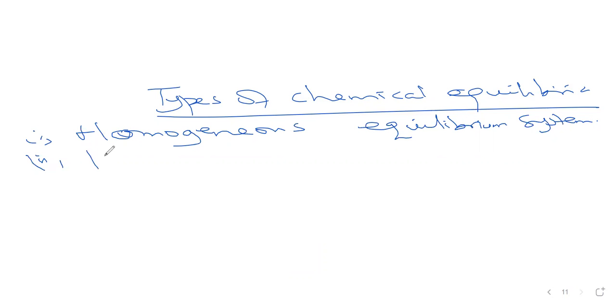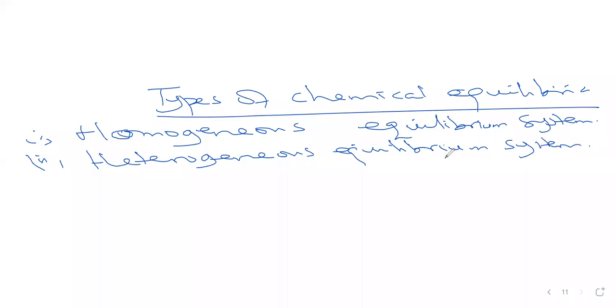Hetero. The other is the heterogeneous system. Those are the two types of chemical equilibria that we are going to look at.